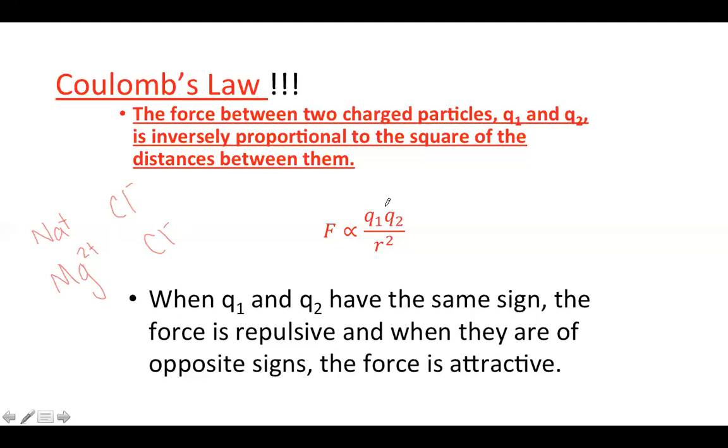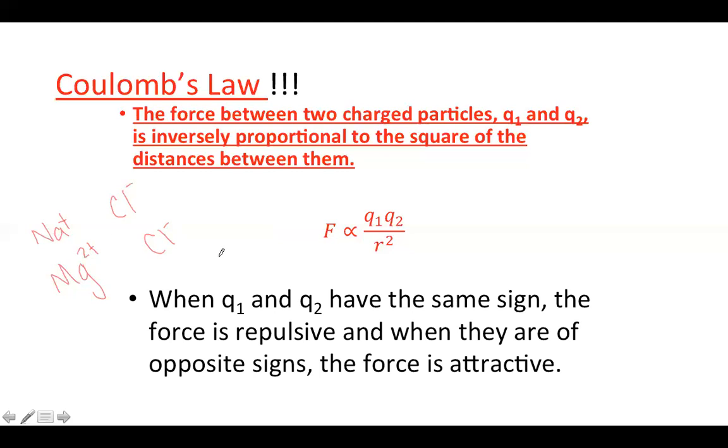So if these cations were the Q1, magnesium would be a +2 and then the Q2 would be a -1, whereas with sodium chloride, it would be a +1 and a -1. So we would expect magnesium to have a greater attraction to chloride compared to sodium.